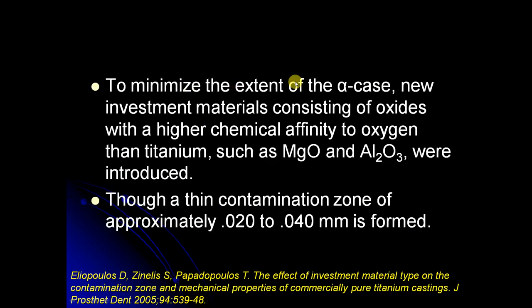So to minimize the extent of the alpha case, new investment materials consisting of oxides with a higher chemical affinity to oxygen than titanium, such as magnesium oxide and aluminium oxide, were introduced, though a thin contamination zone of approximately 0.20 to 0.40 mm is still formed.